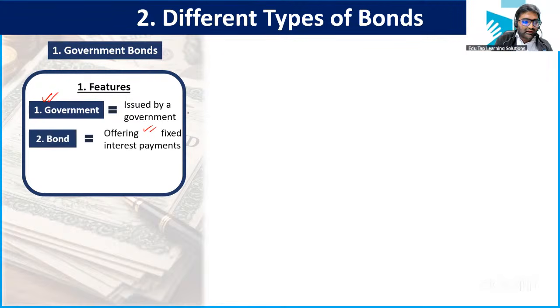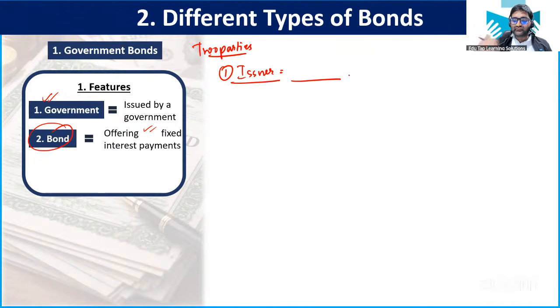Apart from that, we have the term bond also. Please remember, as we have seen, there are two parties in a bond. Can anyone tell me what these two parties are? The first party is the one issuing that particular bond, called the issuer. Any other name for issuer?